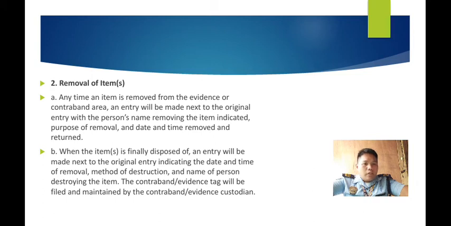There is another one, letter B. When the item is finally disposed of, an entry will be made next to the original entry indicating the date and time of removal, method of destruction, and name of person destroying the item. The contraband evidence tag will be filed and maintained by the contraband evidence custodian.